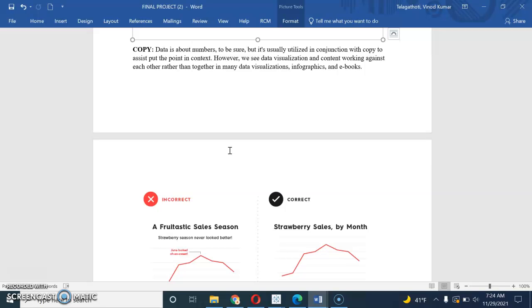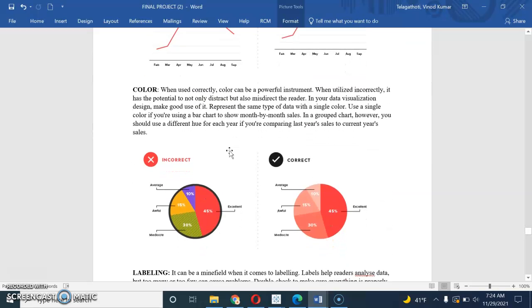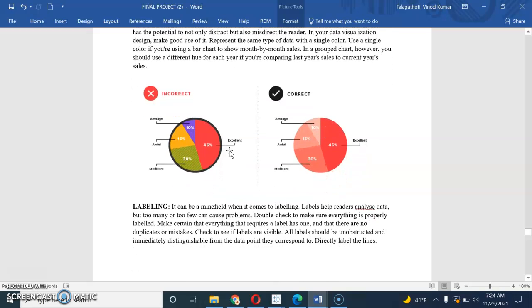As the professor told, an angle of driving from the top left coordinates toward the bottom right coordinates will surely increase the efficiency of a chart. When used correctly, color also improves the graphical representation.